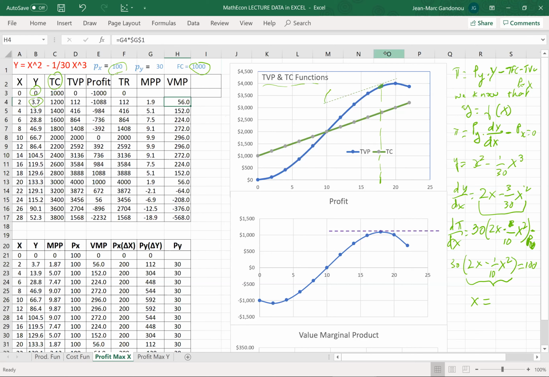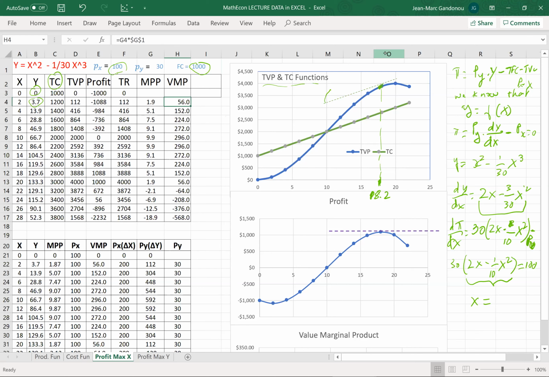Right. Okay. Equals here is 18.2. So that is the optimum level of input that will be used, given the total value product.